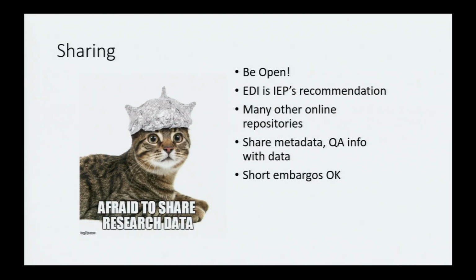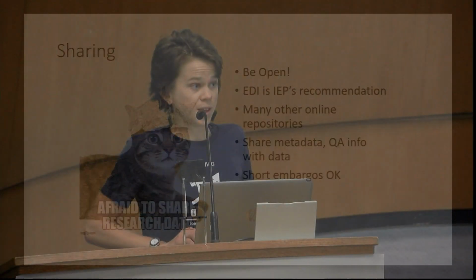I know people get afraid about being scooped, as Vanessa said in the beginning, but for most of the environmental data sets that we are using, first of all, if you're within a state agency or being funded by a state agency, and it's taxpayer-funded research, you're responsible for making your data available to the public, and they can always put in a Public Records Act request and get your data anyway.